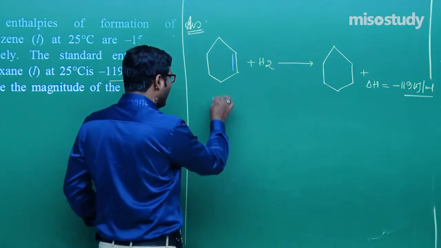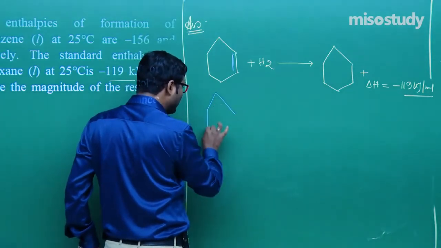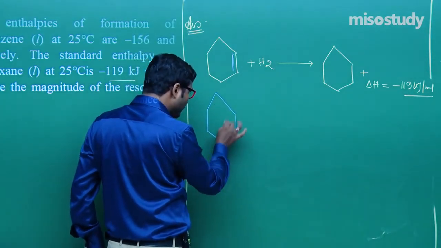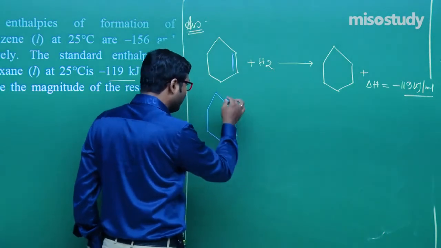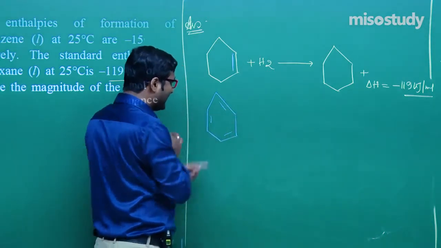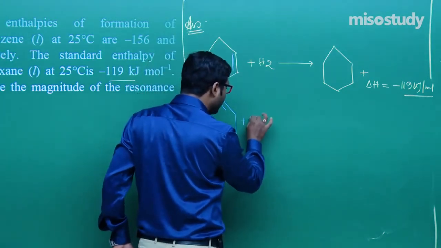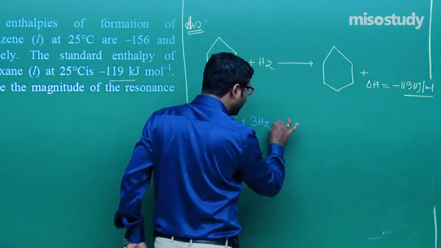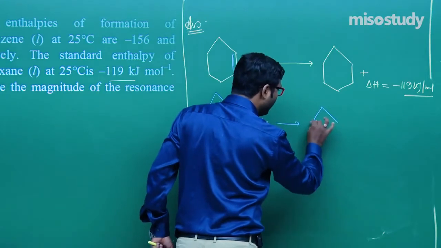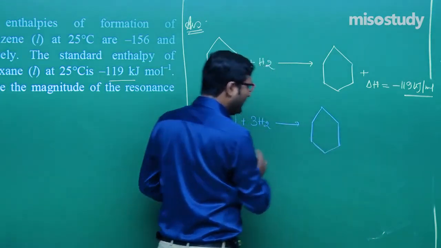Now, if I take here benzene, as we know this is the theoretical value, here there are 3 double bonds. So 3 double bonds will be converted to single bonds and will form cyclohexane.